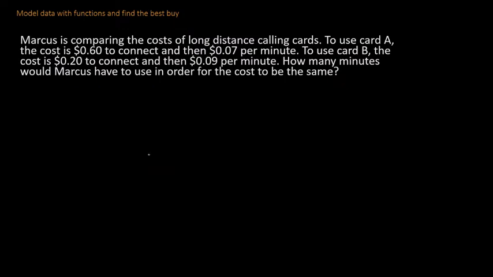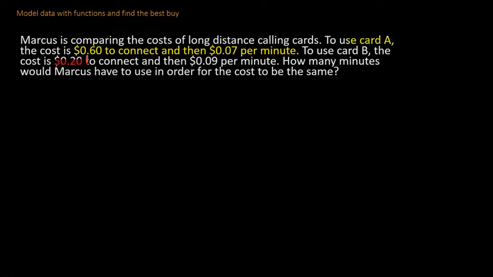So let's say that Marcus is comparing the costs of long-distance calling cards. There's card A and there's card B. Card A says the cost is 60 cents to connect, and then 7 cents per minute that you talk after that. So as soon as you pick up the phone, you're charged 60 cents, and then 7 cents a minute after. That's card A. Card B is a little bit different.